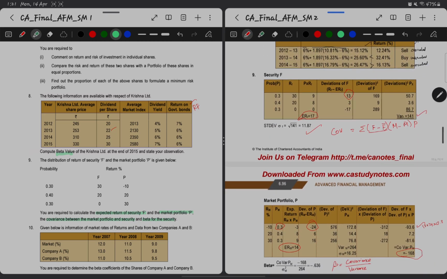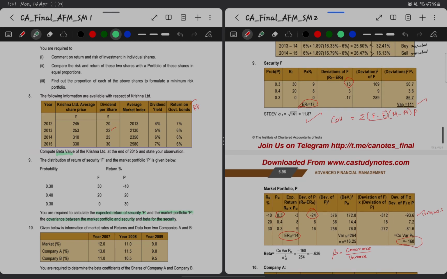But in the case of our current question, wherein the probabilities are given, the simple regression formula will not give us the exact results. We have to use a more defined approach, which is nothing but this covariance and variance approach, wherein it will account for the probabilities of the expected returns also. So the beta formula will be covariance of F and M divided by variance of market portfolio return.